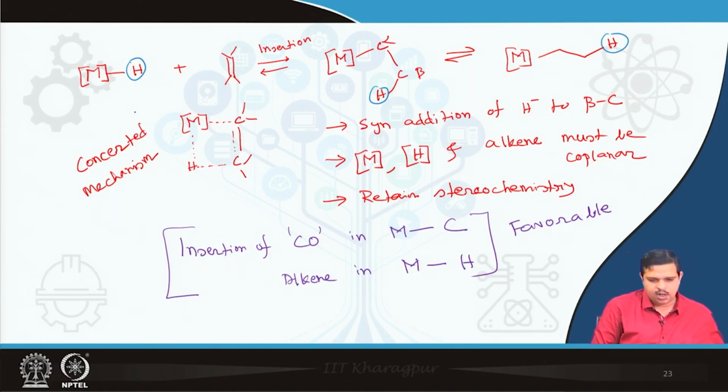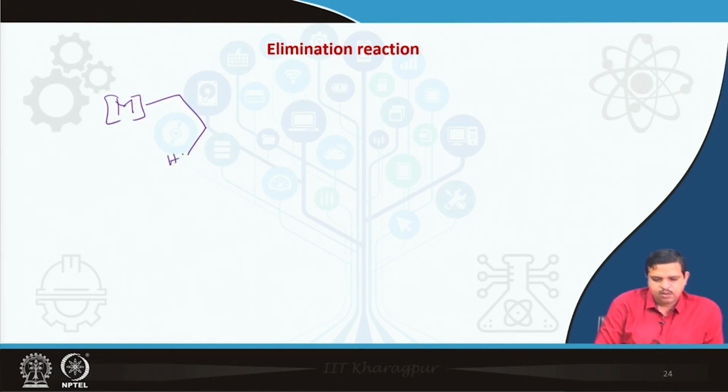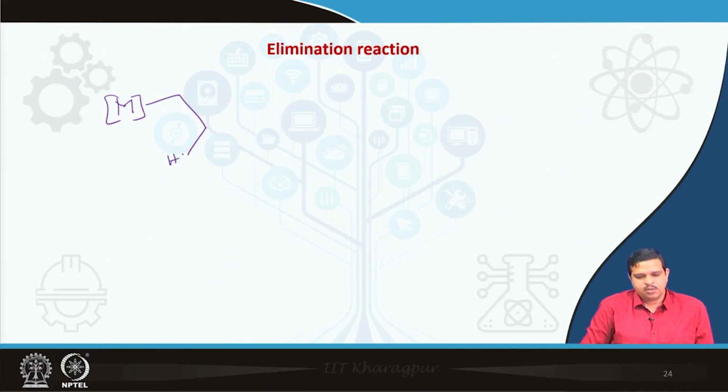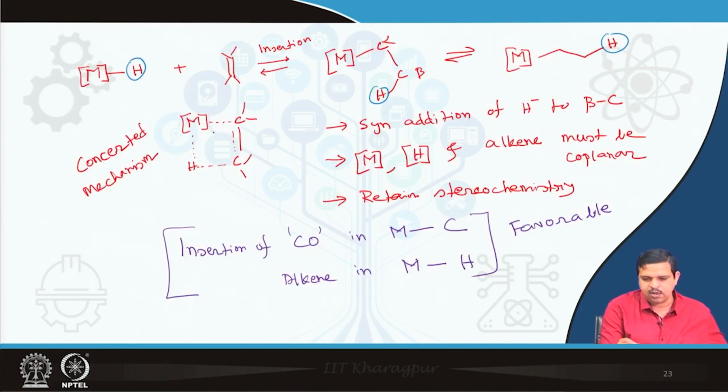So, suppose I have this scenario, okay, this is an alkyl complex and this is my alpha and this is beta. Okay. So, now I am trying to understand the opposite reaction, that is the reductive elimination reaction.